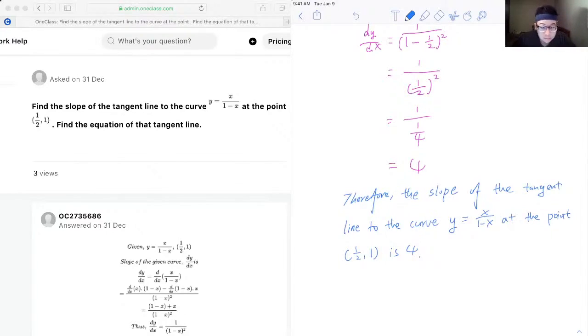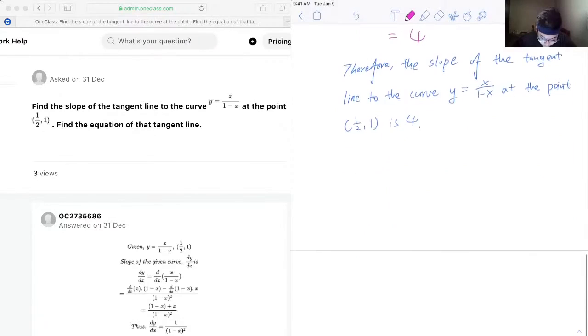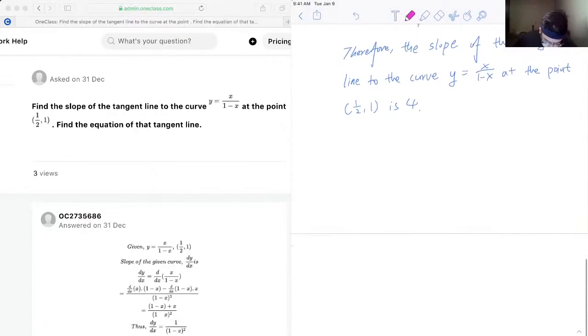And now we need to find the equation of the tangent line. The formula should be y minus y1 is equal to m times x minus x1.